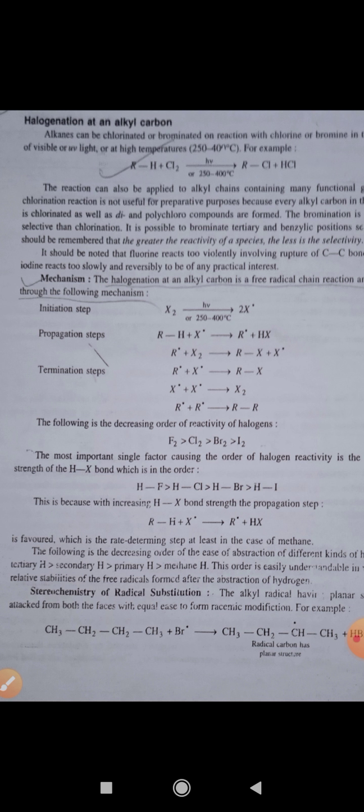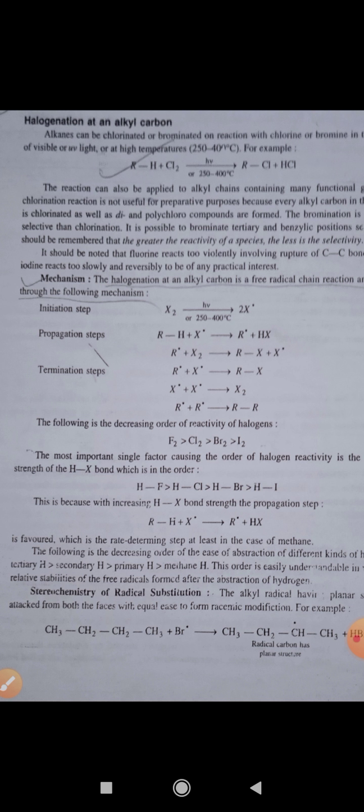In the propagation step, the alkane with a halogen free radical undergoes abstraction of hydrogen. That means the free radical abstracts hydrogen from the alkane to form hydrogen halide and gives rise to the formation of an alkyl free radical. The alkyl free radical further reacts with dihalogen to form alkyl halide and gives the formation of one of the free radicals.